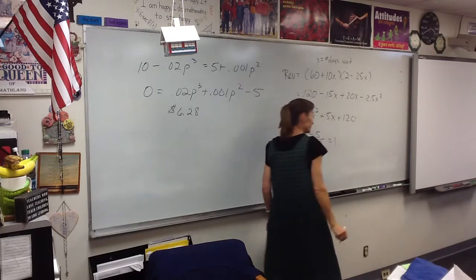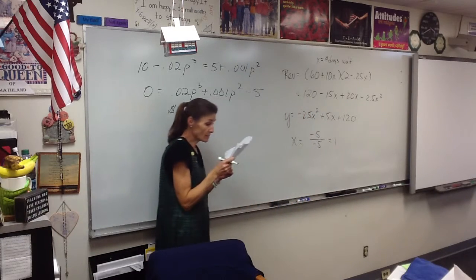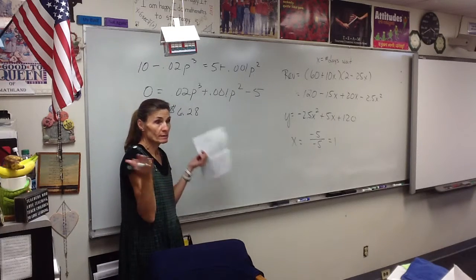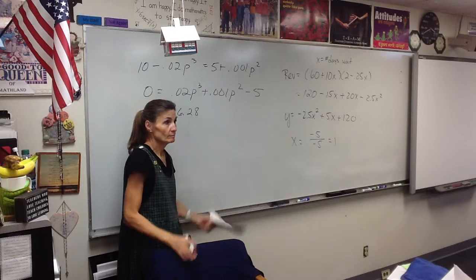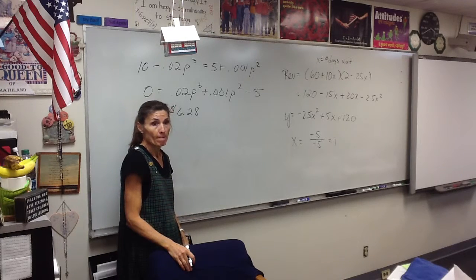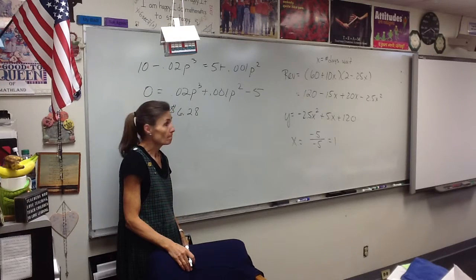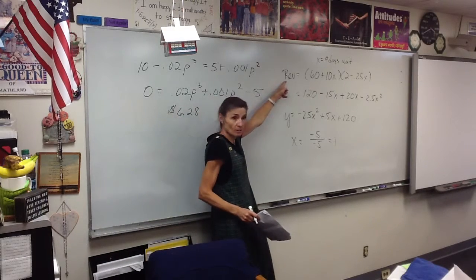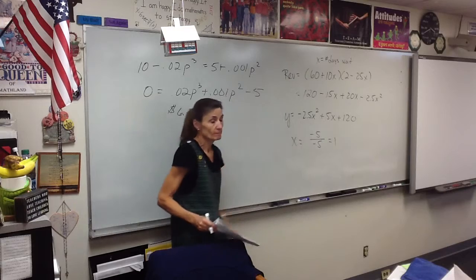It looks like 1. So answer the question then. How many days should she wait? 1 day. If we were to ask, like, what's the maximum revenue, how would you find that? Would you plug the 1 into everything? Absolutely, that's your revenue equation.